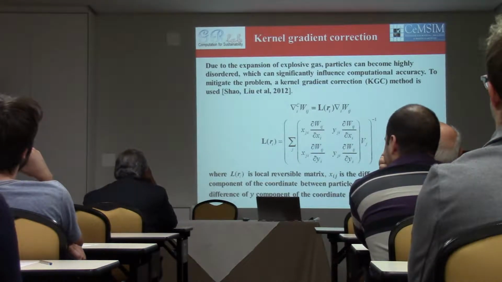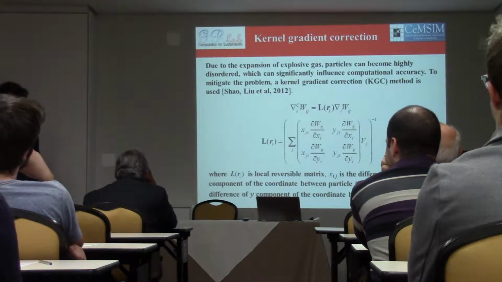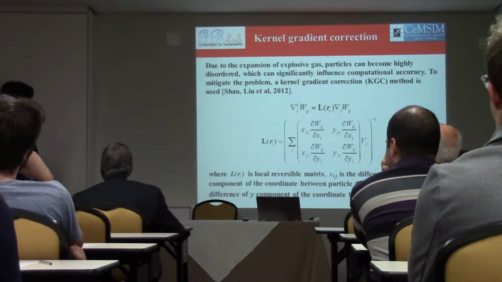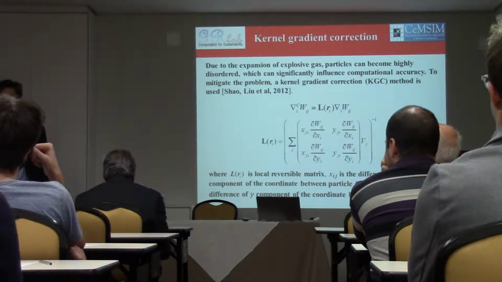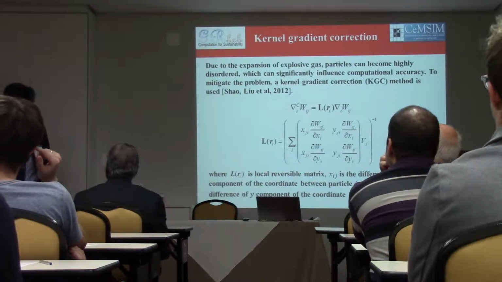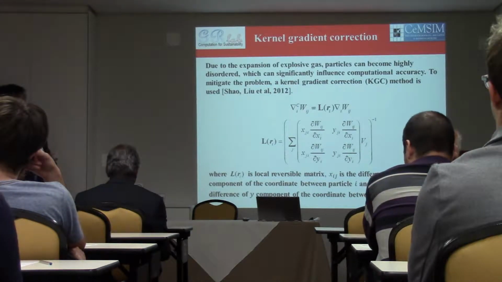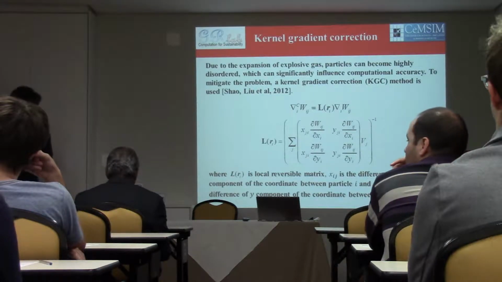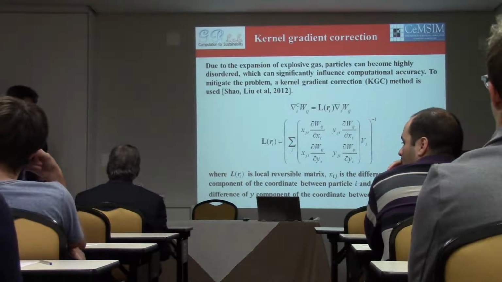Now, SPH is used by many people, but we always have some kinds of problems. Now, when you use SPH and you apply it to certain types of problems, especially when you apply it not to CFD problems but to solid mechanics problems, then you have a so-called stability issue.